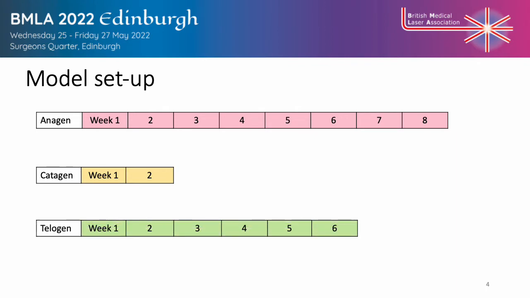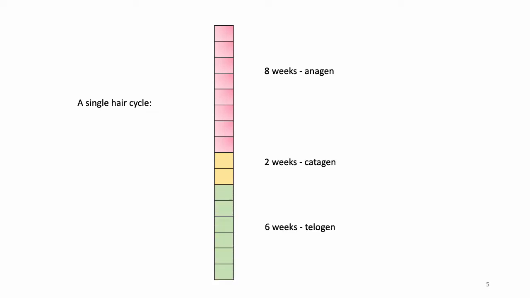And each cell represents 1 week of that phase. So for a single hair cycle, you might have, for example, 8 weeks of anagen, followed by 2 weeks of catagen, which is pretty normal, and 6 weeks of telogen. And this would be a full cycle for one particular hair follicle.